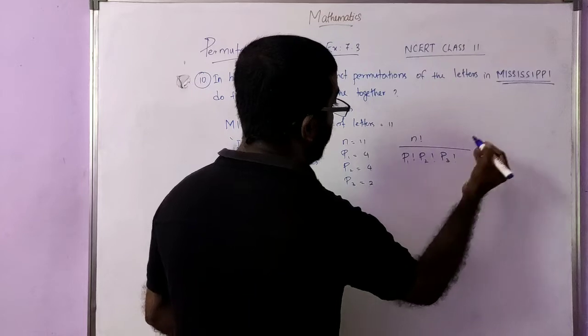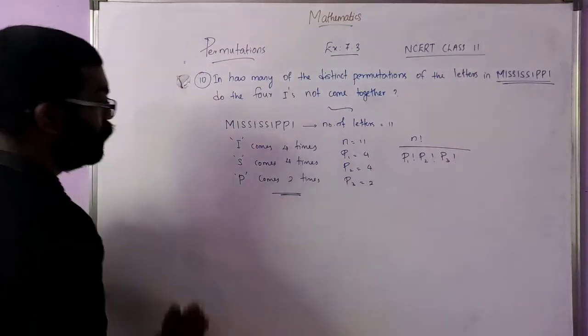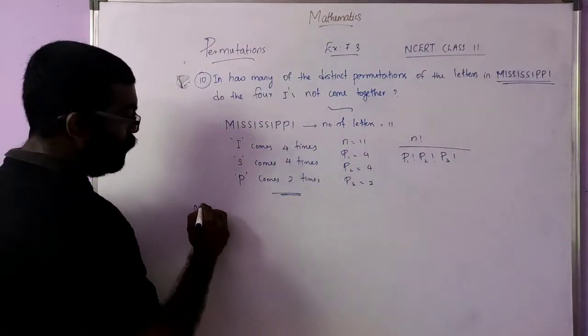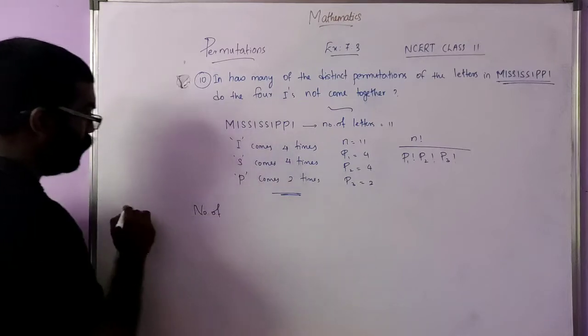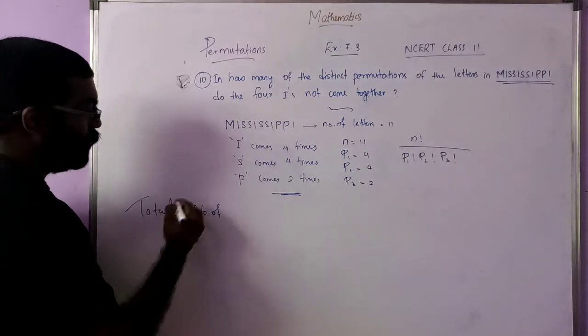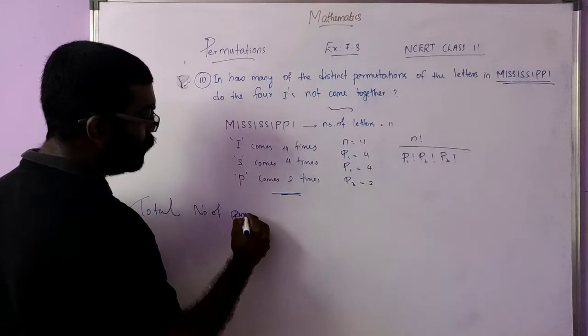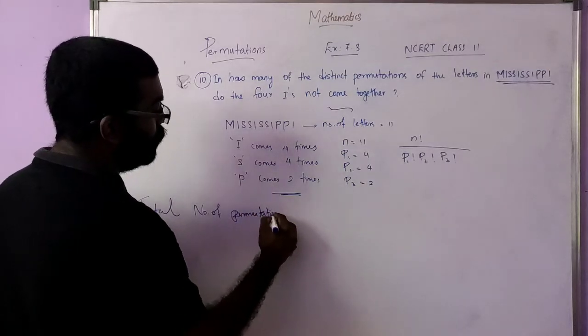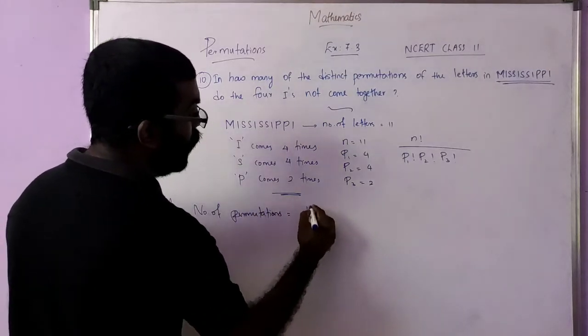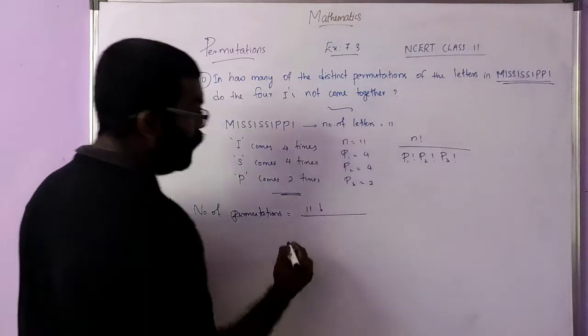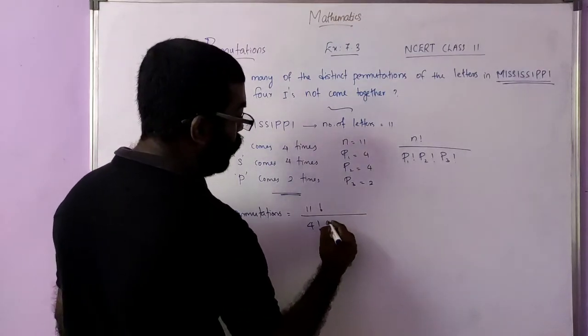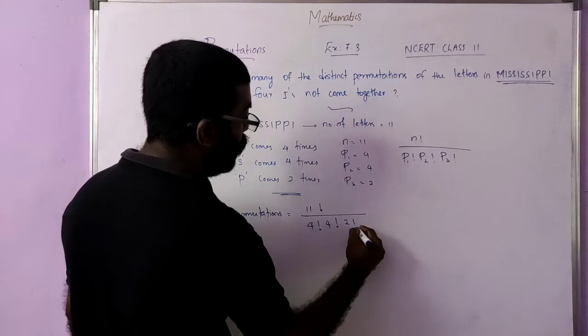So we can write the total number of permutations is equal to 11 factorial divided by 4 factorial into 4 factorial into 2 factorial.